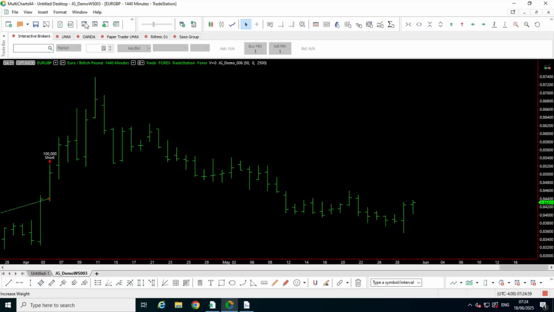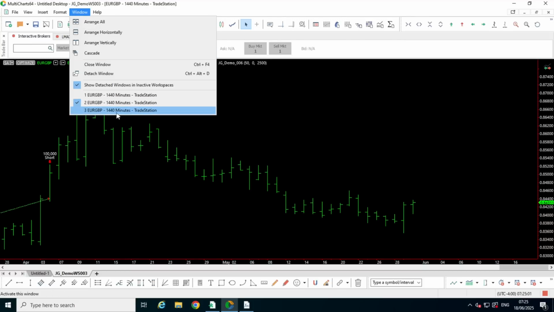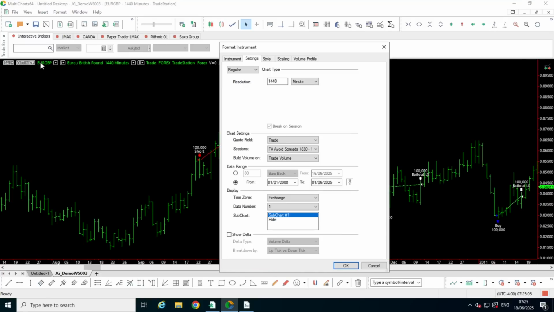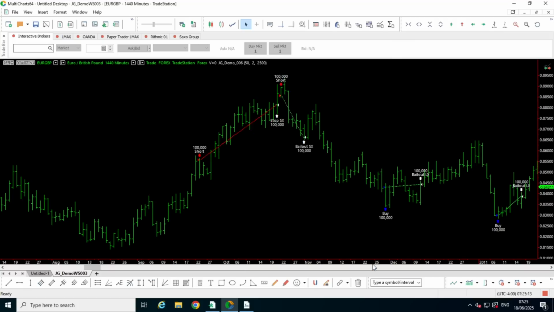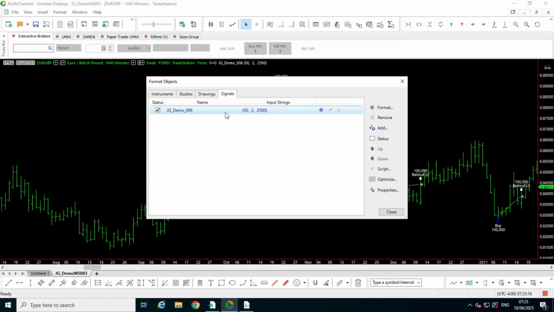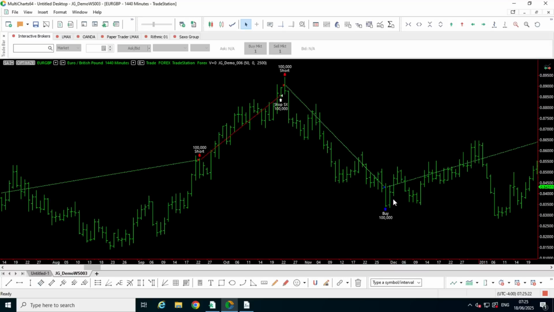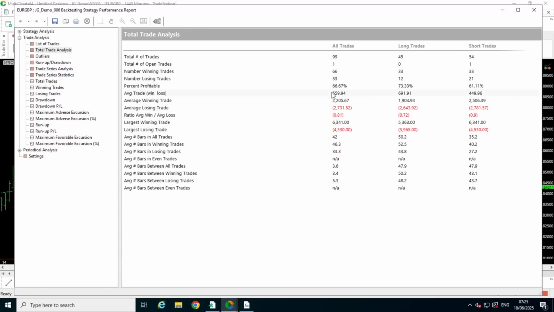I've also included the out of sample data with the in sample data. So in this chart, this shows us from 2008, the start of the in sample, right the way through to June 2025. So all the data. I've actually got the bailout exit on there. I'm going to remove that just for a second. So we look at the baseline strategy. And here's the baseline.